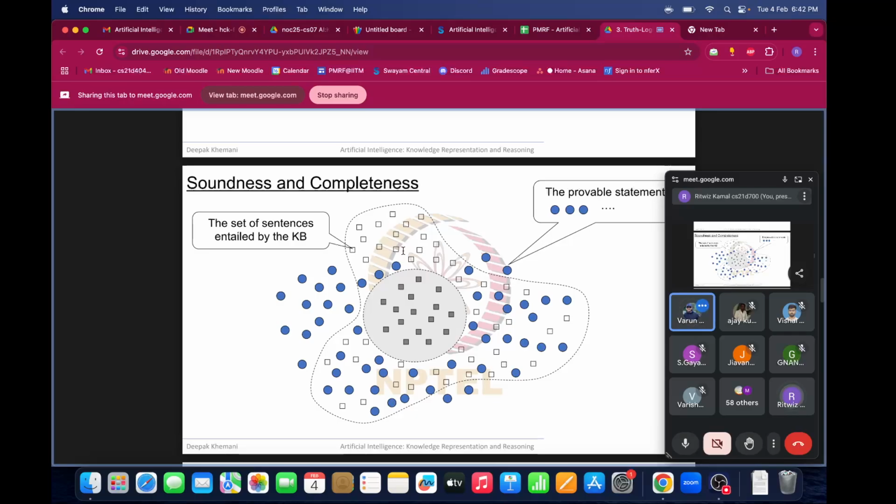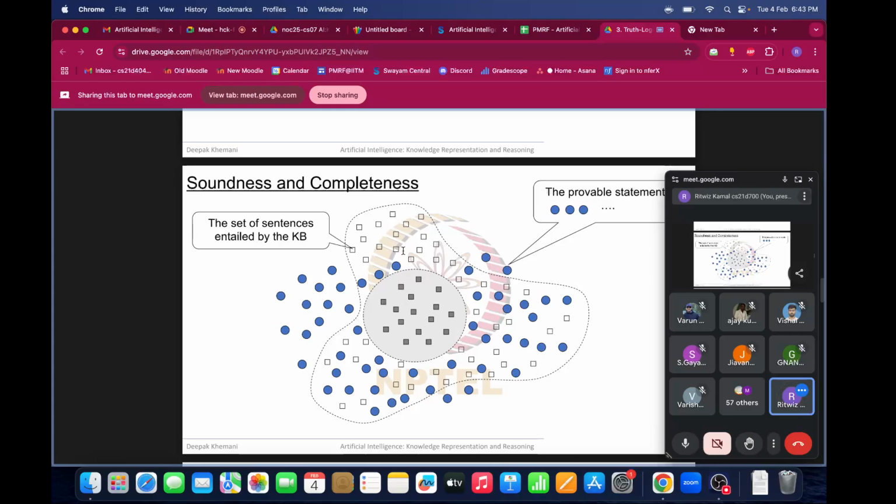No, so it can derive sentences. Basically, it can derive, let's say, a set of 10 sentences. Let's start from scratch. Let's say the knowledge base has two statements. Using some logical machinery, we can derive 15 sentences. Out of these 15 sentences, 10 will always be true.